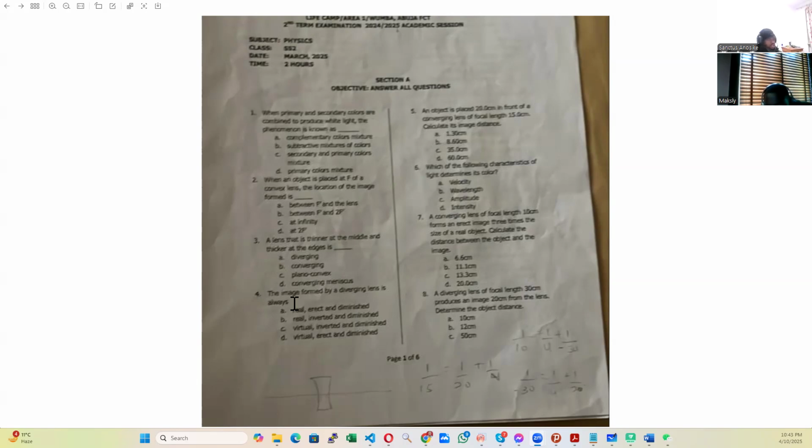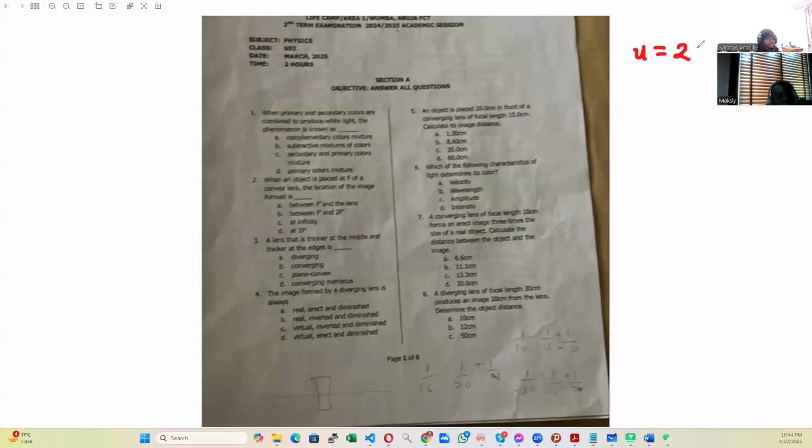Calculate its distance. Sylvester, take over. Over to you. Solve that problem. Question number 5. Like 20 centimeters equals to U, then F equals to 15. Hold on. You said 20 centimeter is equal to what?